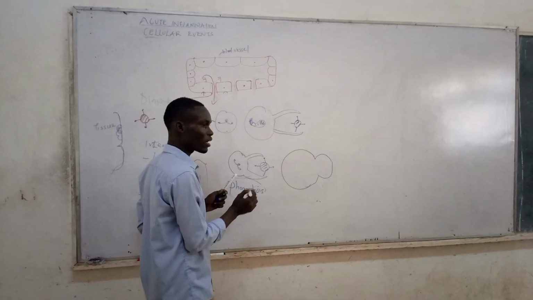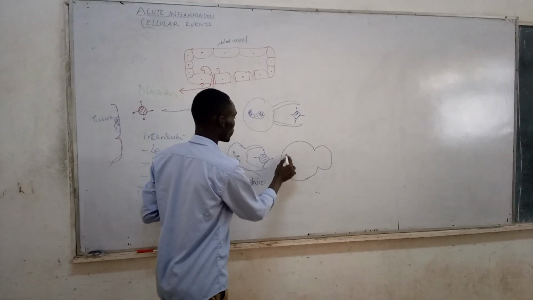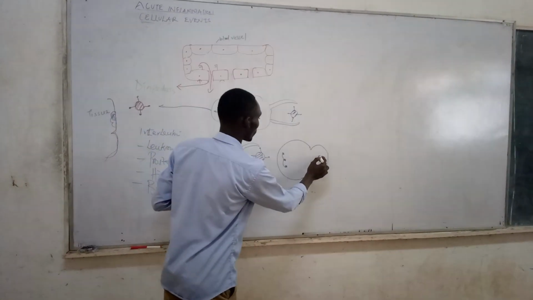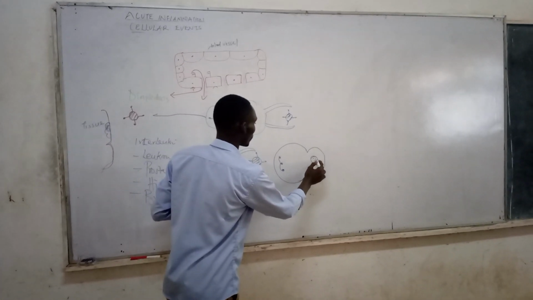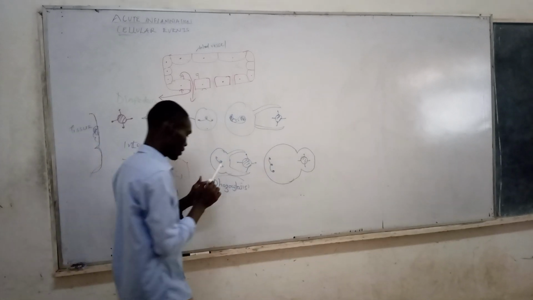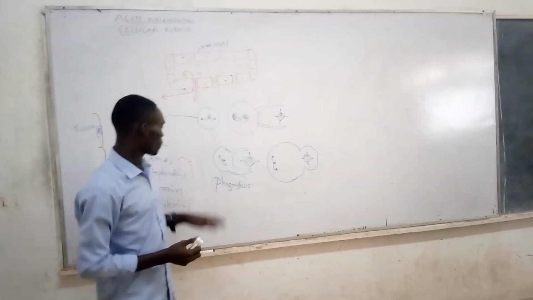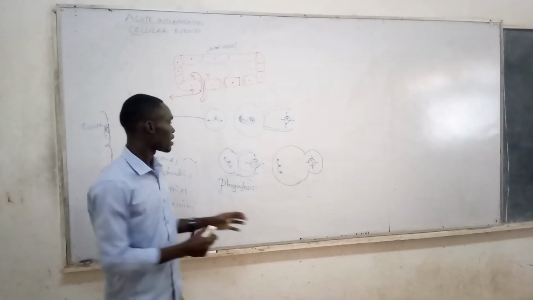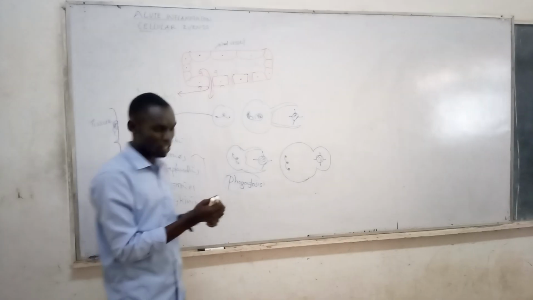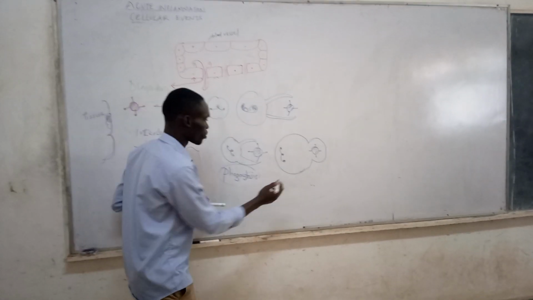So this is the neutrophil. We have the bacteria here. Phagocytosis has taken place. The bacteria has been engulfed. It ends up in vesicles.